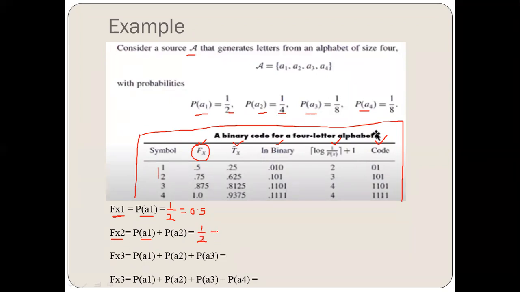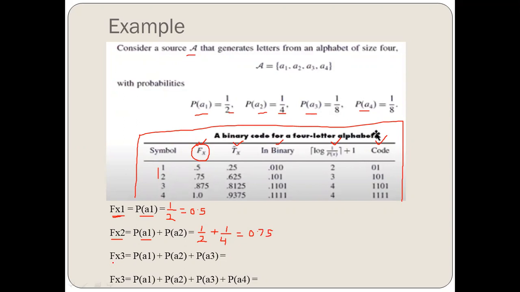I'm going to sum these two, right? So now that will be equal to 0.75 when we calculate it, right? So this is how we are going to find the functions.